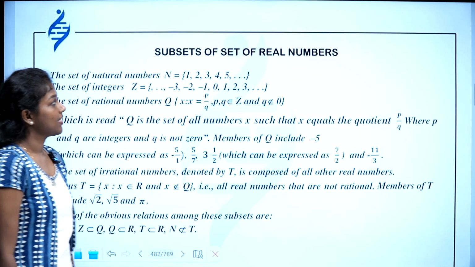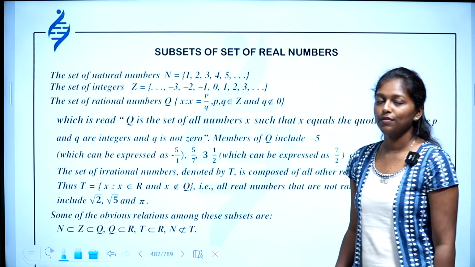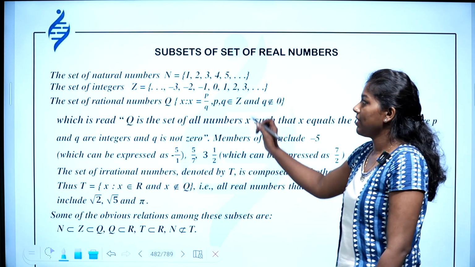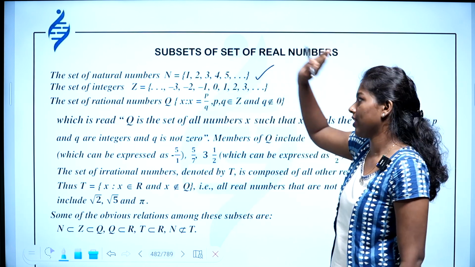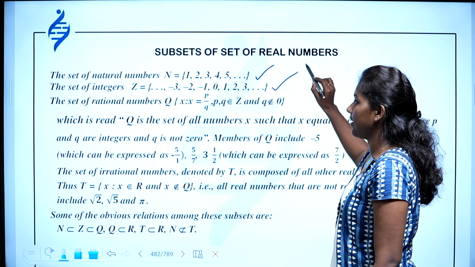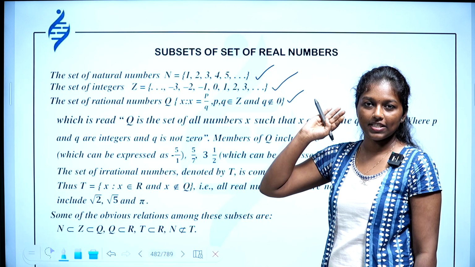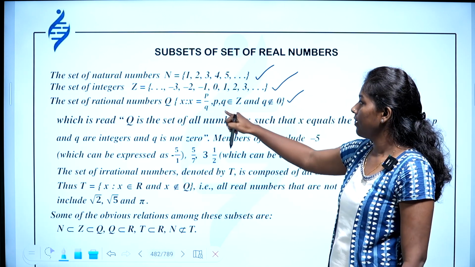Then subsets of the set of real numbers. What are the subsets of the set of real numbers? See, the set of natural numbers we have learned. These are our natural numbers, then these are our integers, then these are our rational numbers. They have written the set builder form here.